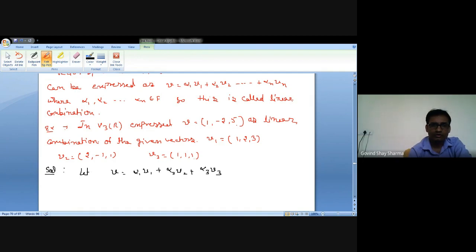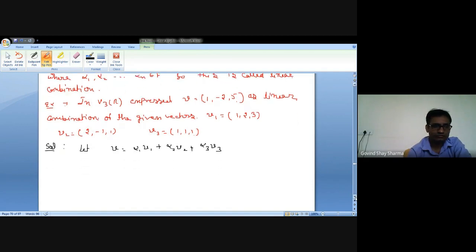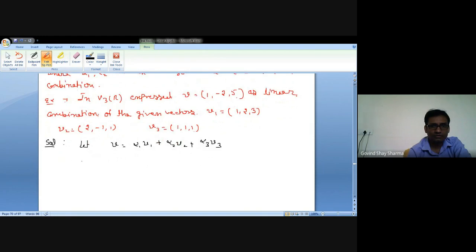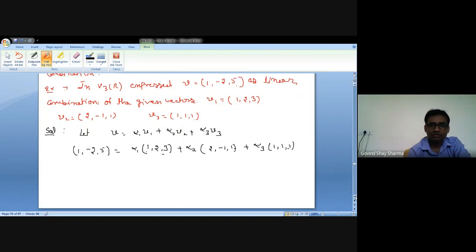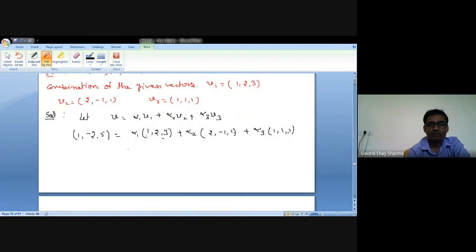Now v is equal to (1, -2, 5), so alpha 1 times v1, we put the value of v1 here, (1, 2, 3), plus alpha 2 times (2, -1, 1) plus alpha 3 times (1, 1, 1).